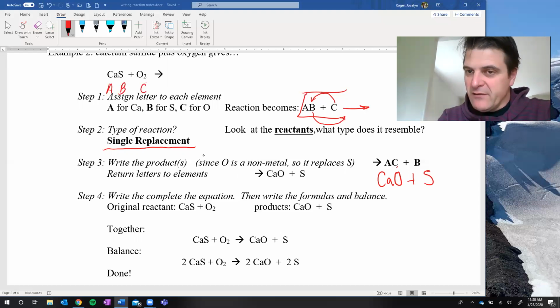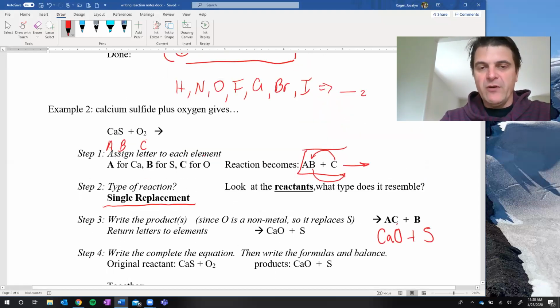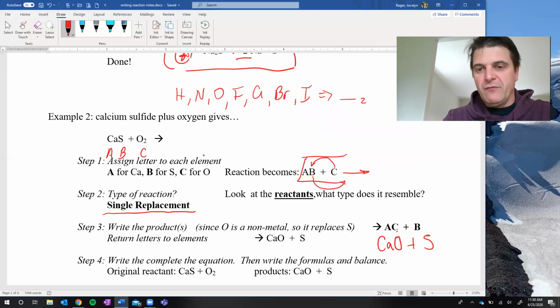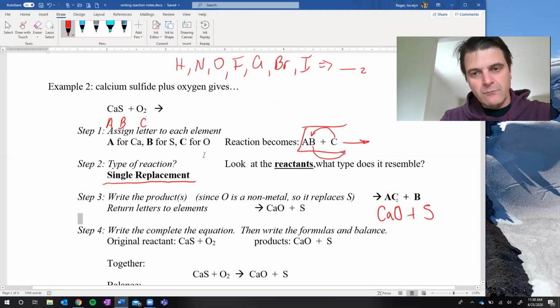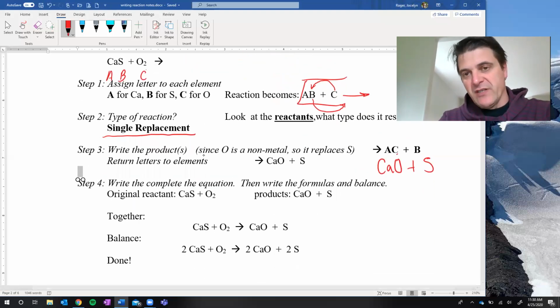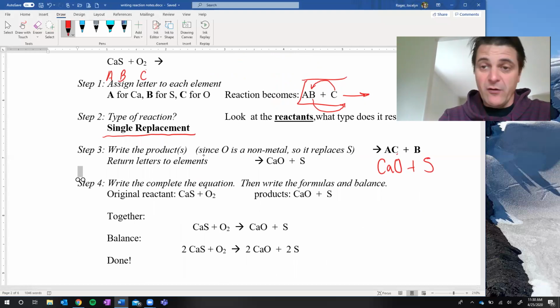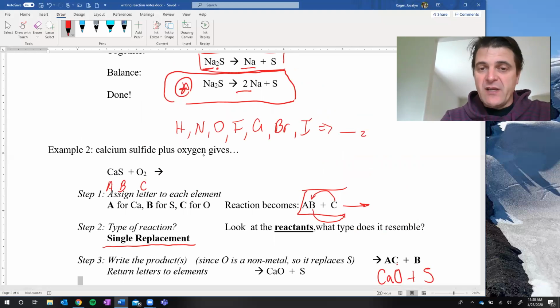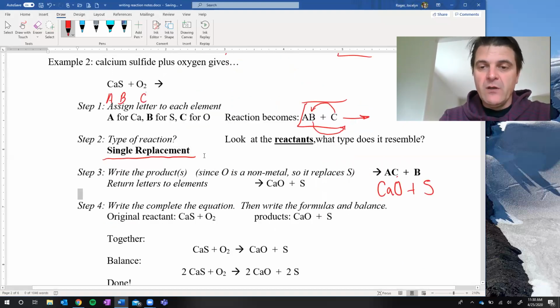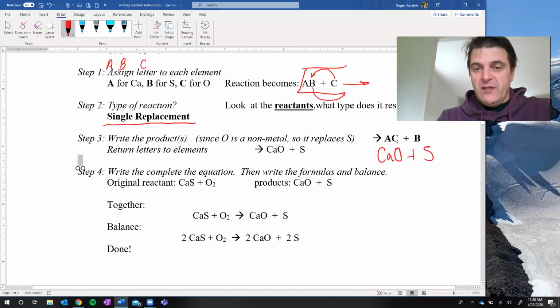Now sulfur doesn't take a little 2 here because it's not one of those elements, right? So sulfur can be by itself. And oxygen doesn't get a 2 because it's not by itself, it's with calcium. So remember, these elements, they always take a 2. They're diatomics, right? Diatomic elements when they're by themselves. So this is the product, CaO plus S.